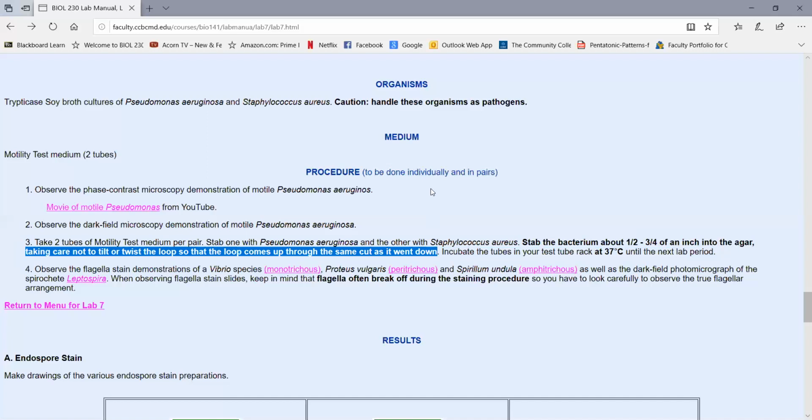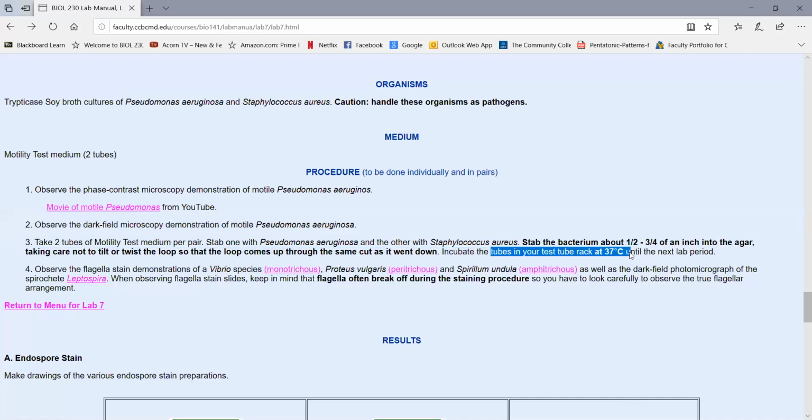And you don't want to confuse several inoculation areas in there where you twisted the loop or tilted it for spreading. That's simply where the loop cut into the agar. So we need a nice straight line when you inoculate it. And you're going to incubate those 2 tubes in your test tube rack at 37 degrees Celsius until next time.